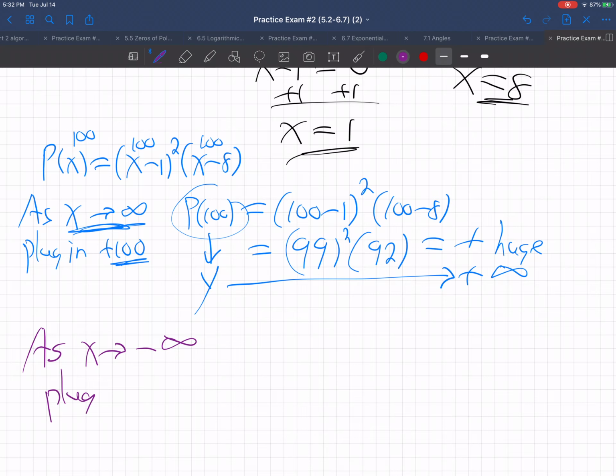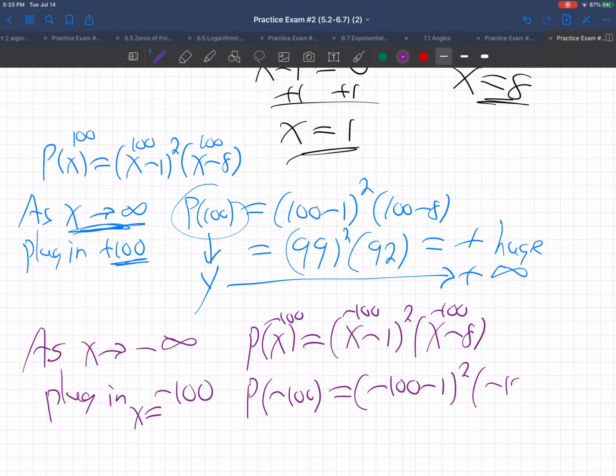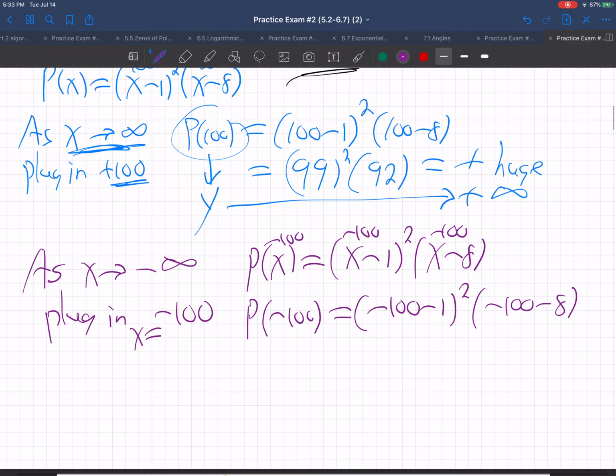Well, just plug in negative 100. X equals negative 100. So I take the function p of x equals x minus 1 squared times x minus 8 and plug in negative 100 right there and there. So I get negative 100 minus 1 squared times negative 100 minus 8.